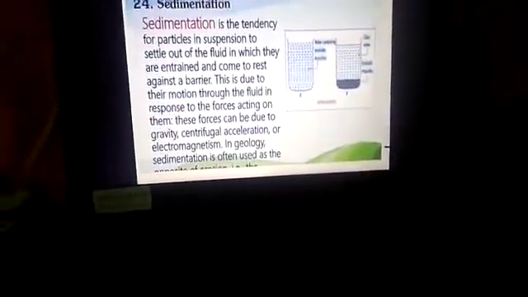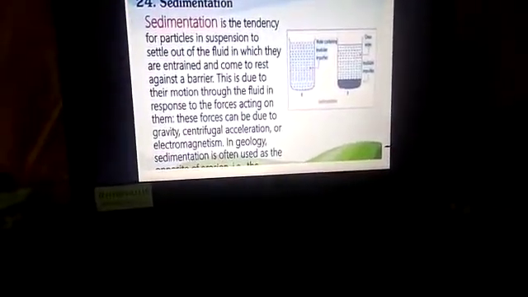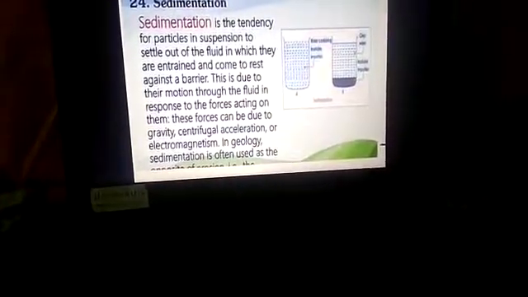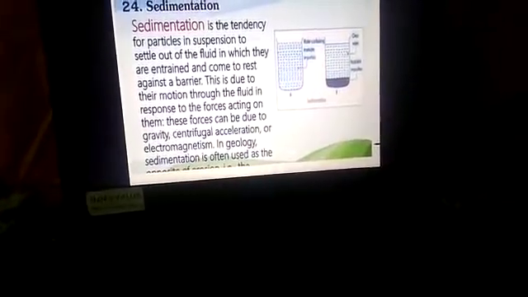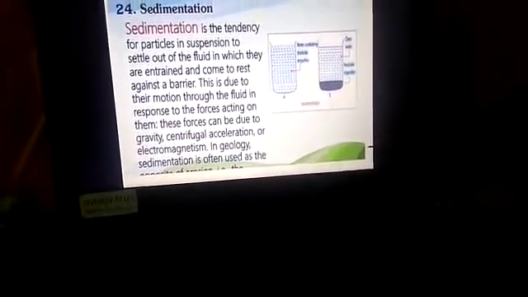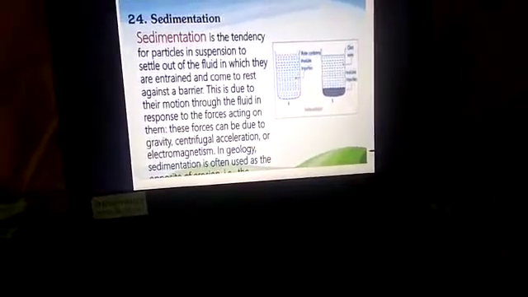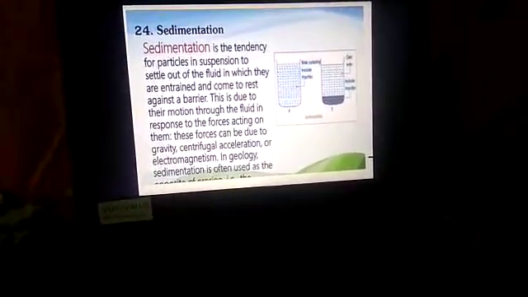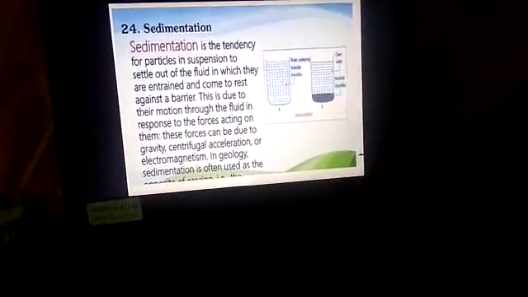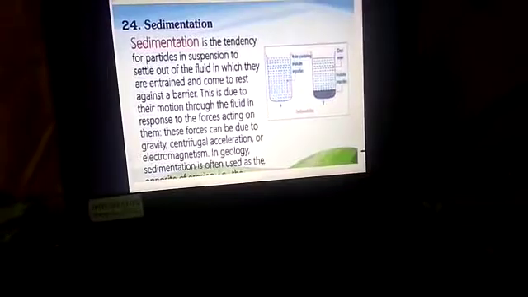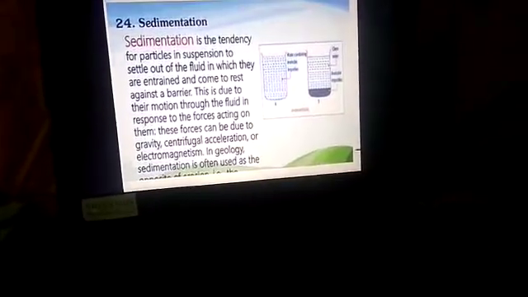And next is sedimentation, for an insoluble solid in a liquid component. This separation is based on the insoluble solid settling down. Sand, insoluble in water, settles down and the remaining upper liquid is decanted out. Sedimentation is the tendency of particles in suspension to settle out of the fluid in which they are entrained and come to rest against a barrier.